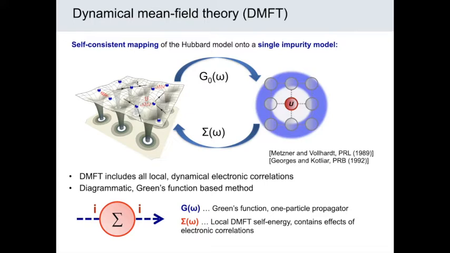The self-energy effectively includes all the effects of electronic correlations. And since DMFT is based on the solution of this single impurity model, which is local, the DMFT self-energy is purely local. These i here are site indices.